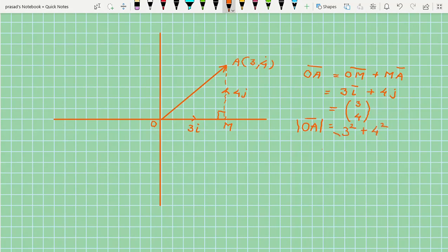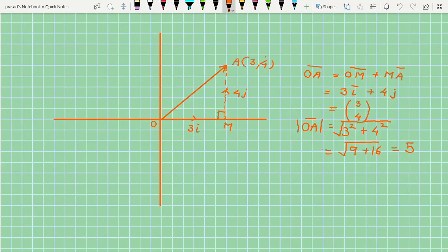This is simple Pythagoras theorem, which is 9 plus 16, 25. So the magnitude of vector OA is 5. Keep it in mind that I will not take the negative square root because the magnitude cannot be negative.